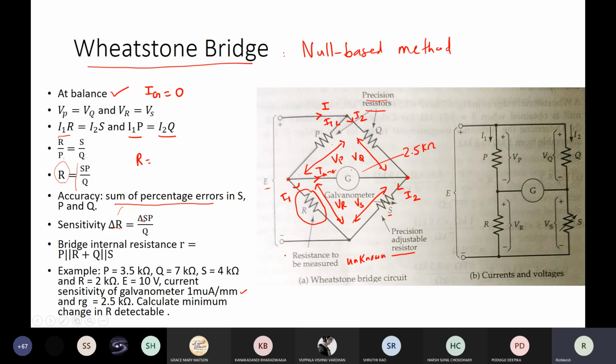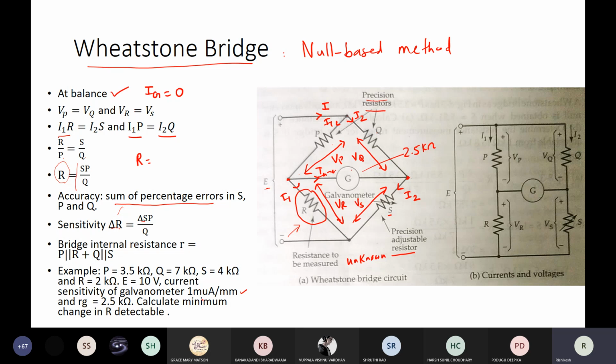Because when we discuss resistance based sensors in the second half of this course, the same technique, Wheatstone's bridge, is used, just that this unknown resistance is replaced with a resistive sensor, whose resistance will change depending on the physical parameter we are trying to measure, be it strain, be it temperature, whatever it is.